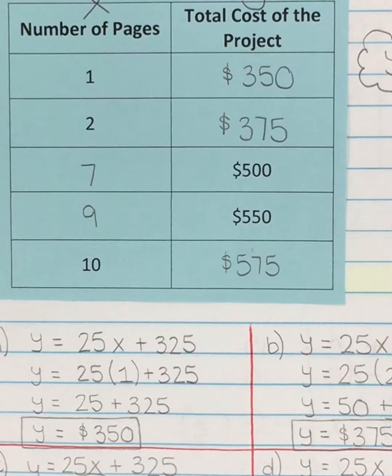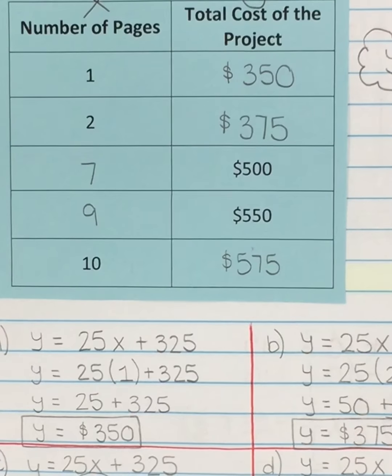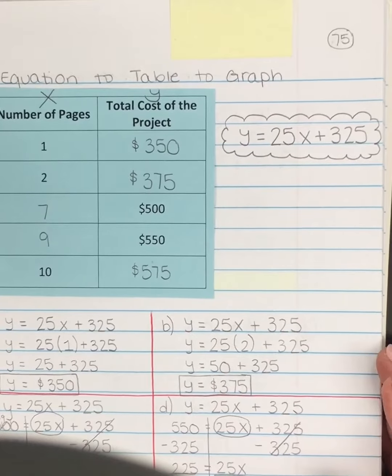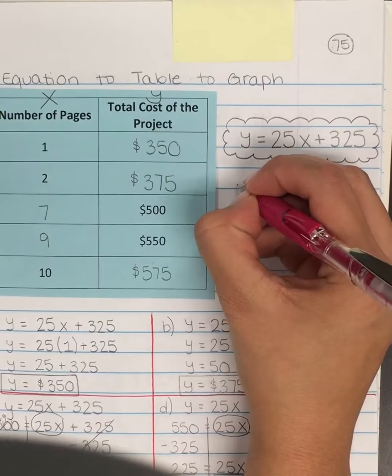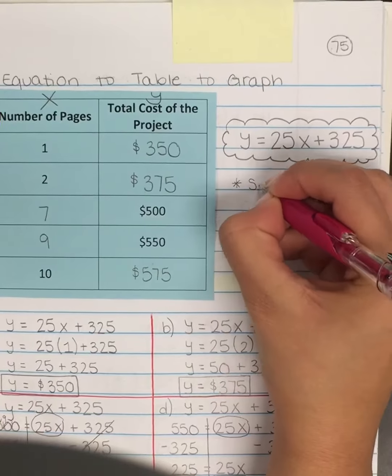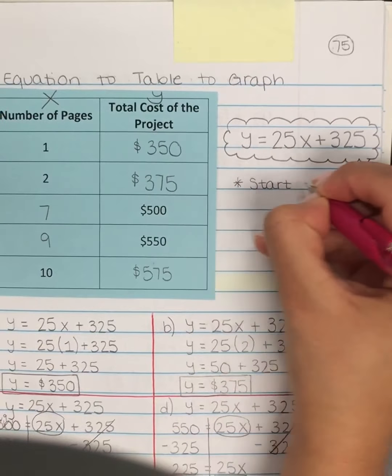Very nice. Okay, so just a few notes to put off to the side, just so you remember what to do in the future and on your homework. Start with the equation.